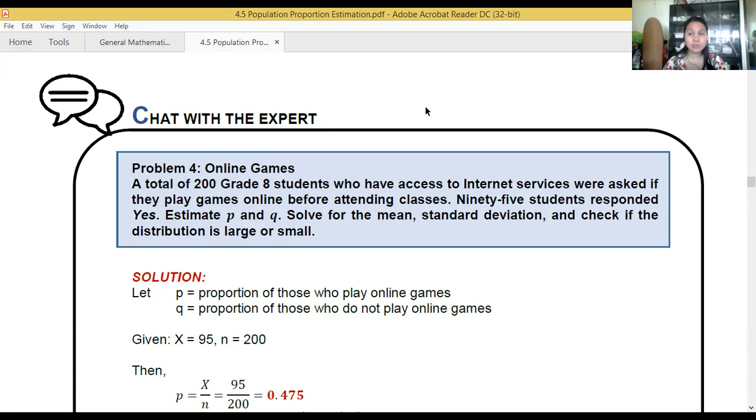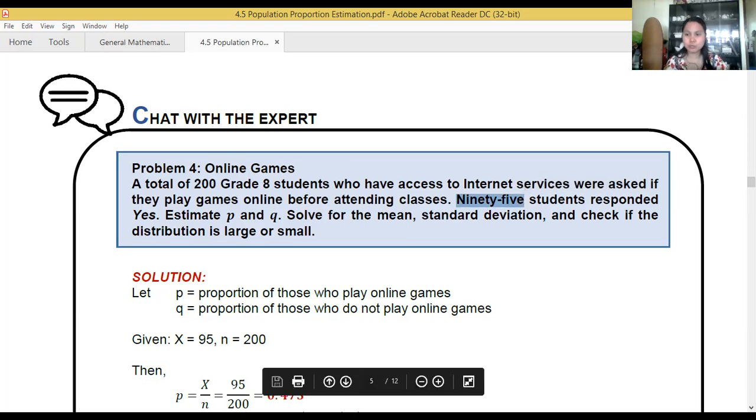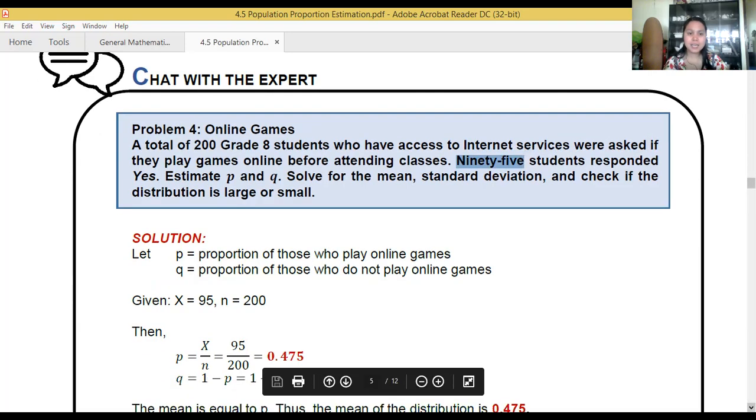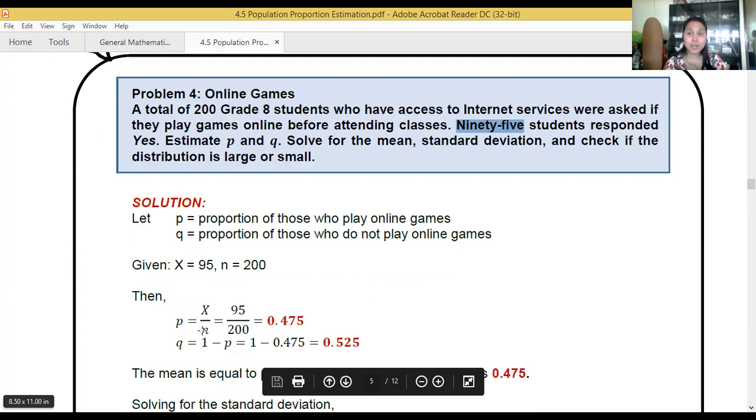Q is the proportion for those who do not play online games. Our given is out of 200, that's our N, 95, that's our X, said yes. So let's solve for P. P is X over N. So 95 divided by 200 is 0.475, or 47.5%.